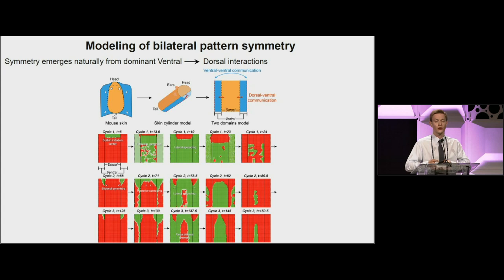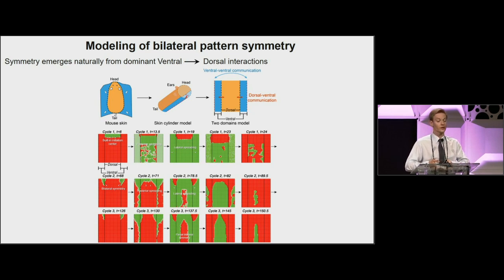We employed a computer model to identify what parameters could be required to obtain bilateral symmetry, and the only condition that satisfied it had to include two interacting domains in the form of a cylinder that represents an approximation of the entire mouse skin, where one domain, shown here in orange, is the dorsal domain, which intrinsically cycles slower compared to the ventral domain, and hair growth cycle waves originating in ventral skin will then spread over the flanks of the animal, giving an appearance of bilateral symmetry if one were to observe it from the top.